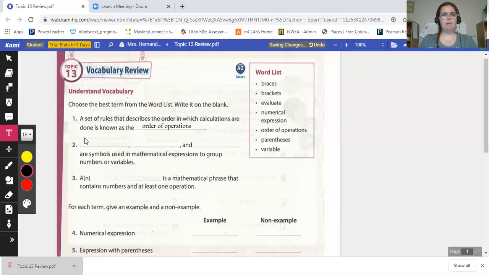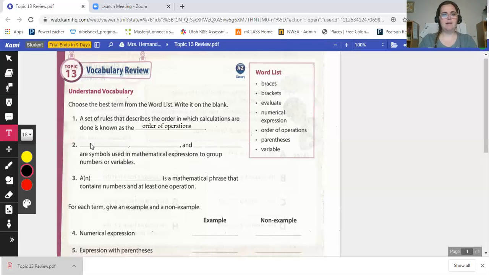All right, number two, blank, blank, and blank are symbols used in mathematical expressions to group numbers or variables. Well, I remember GEMDAS or PEMDAS. And I know that G, group, stands for three different kinds of groups. I see them in my list.